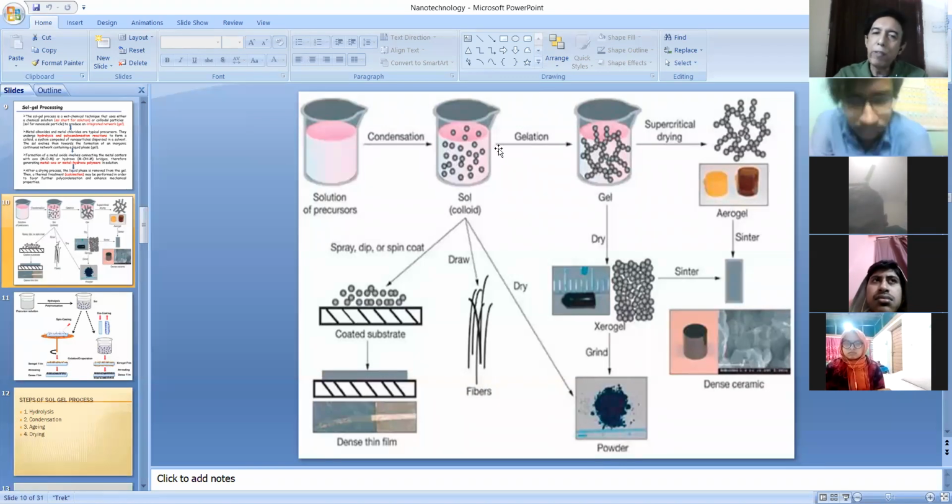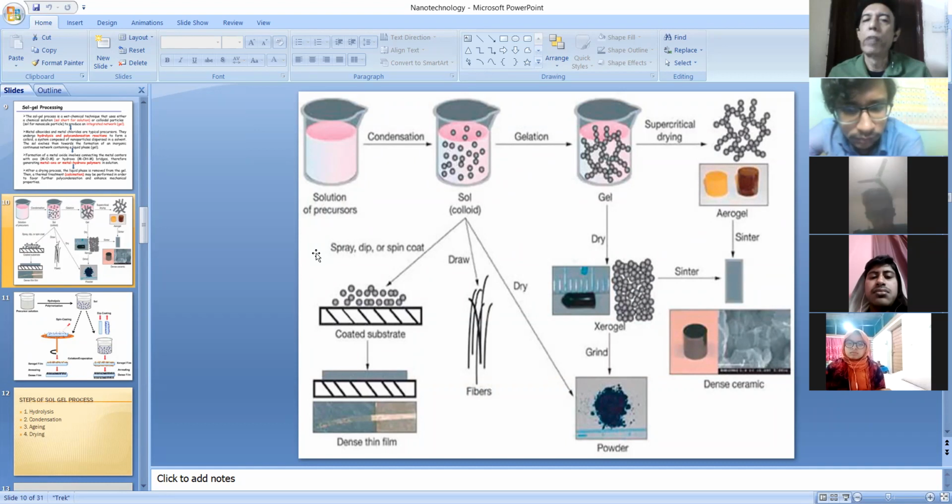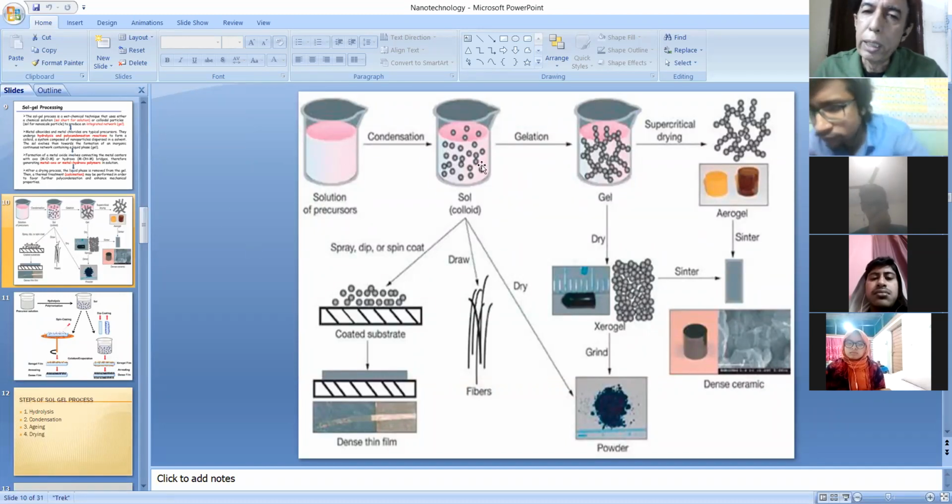Now, if you don't want these steps, then you allow the salt to form gel. How do you allow the salt to form gel? Just keep it for some time. That is called aging of the solution.